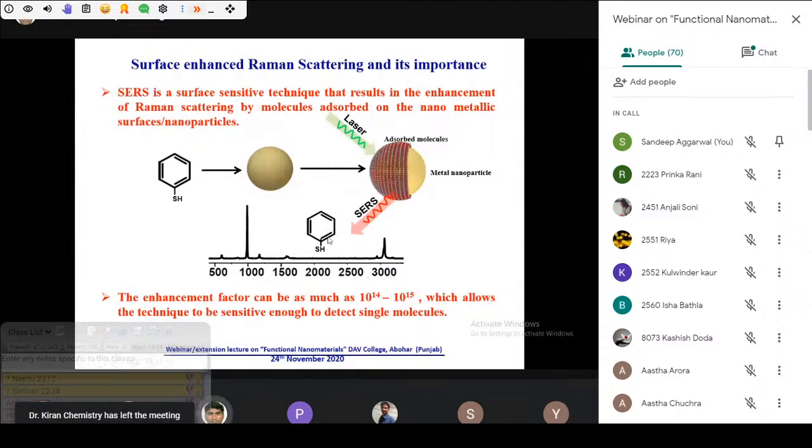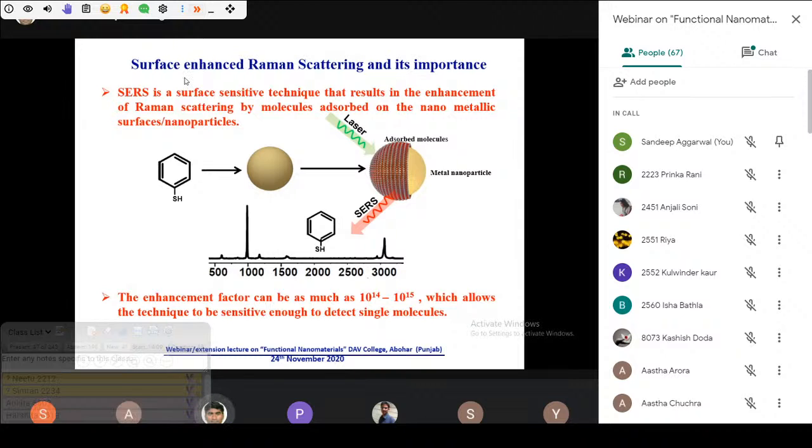We get the Raman spectra of that molecule, and the vibrational frequencies for different bonds are very well known. So based on that, we can certify which molecules are coming to the surface under this condition. This is one of the sensing mechanisms I explained here.